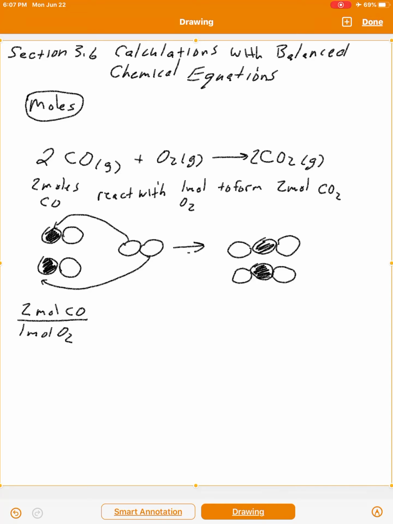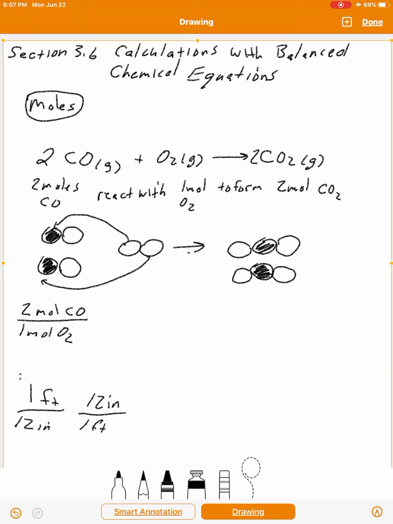For example, if I said, I want to convert inches into feet, I could use the conversion 1 foot is 12 inches. Or I could do 12 inches is 1 foot, right? We're using that as a ratio to represent the conversion.